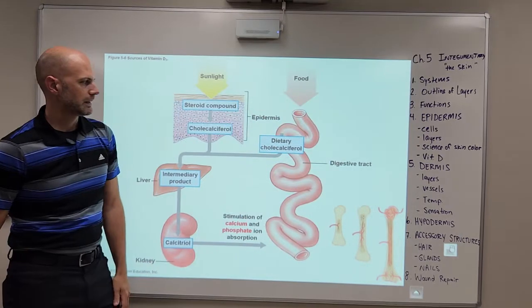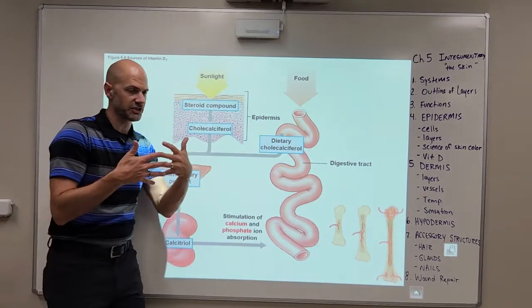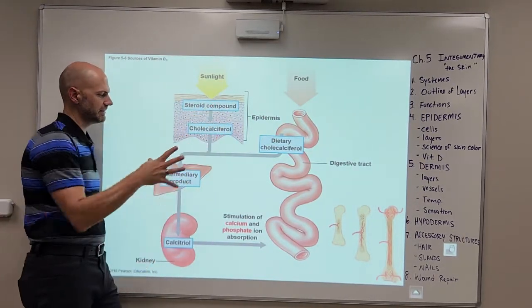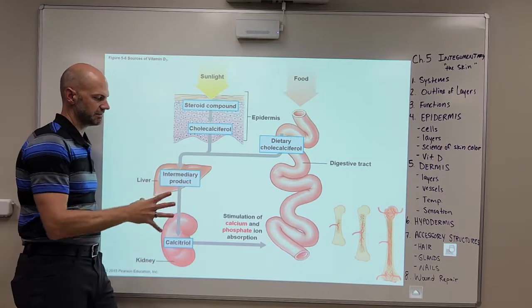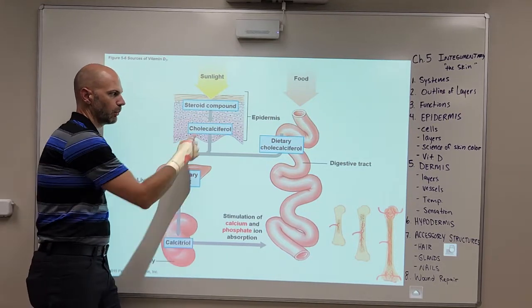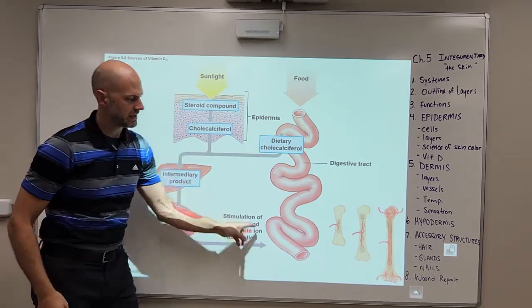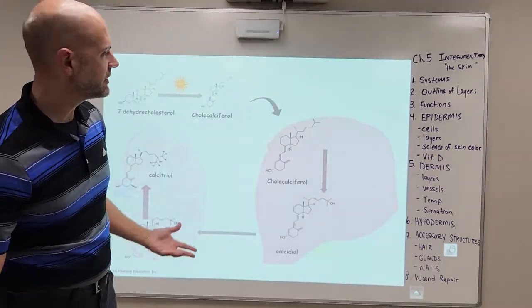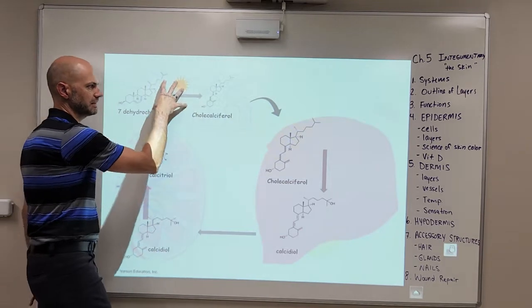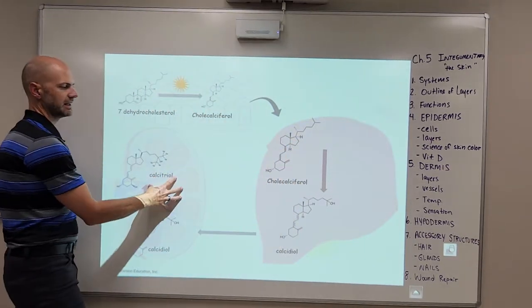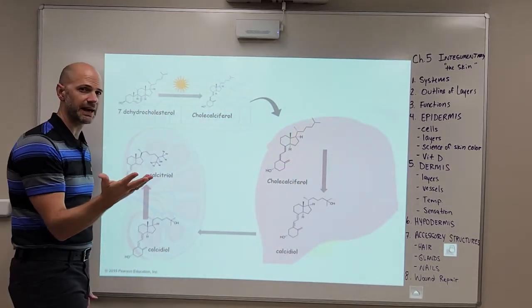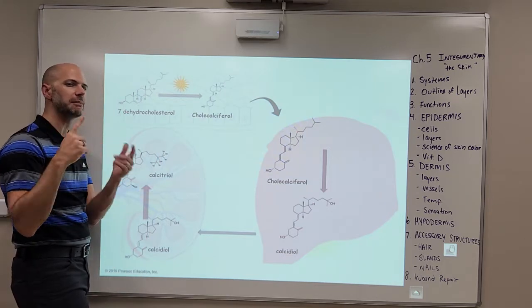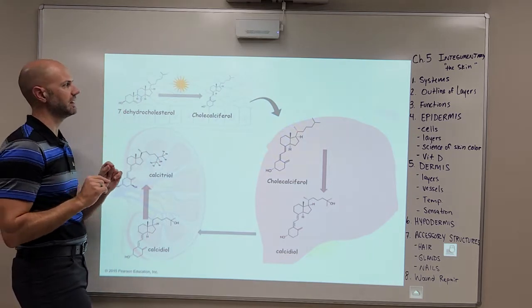So system integration here: the integumentary system, the digestive system and the urinary system work together to help us absorb calcium. So here's another diagram. Again, the skin, the liver, and the kidney. They're working together. This is the same pathway. I'm showing it to you a couple different ways. Maybe one of them will be more helpful than the other.